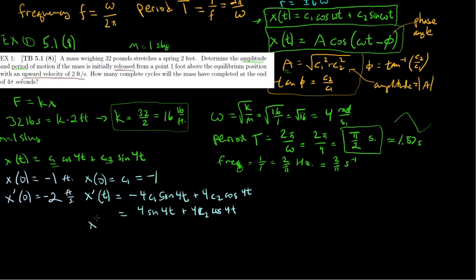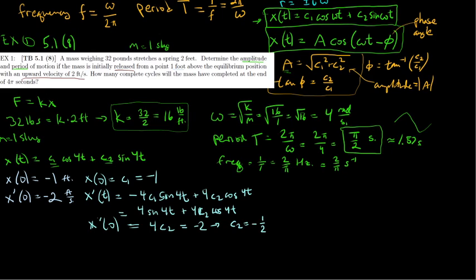Now we can plug in 0 for t here, right? So that's just going to be 0 plus 4 times C2 times the cosine of 0, which is 1. And remember, that was equal to negative 2, so that tells me that C2 is just going to be negative 2 over 4, or negative 1/2.